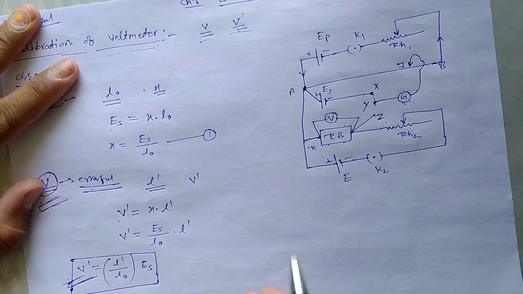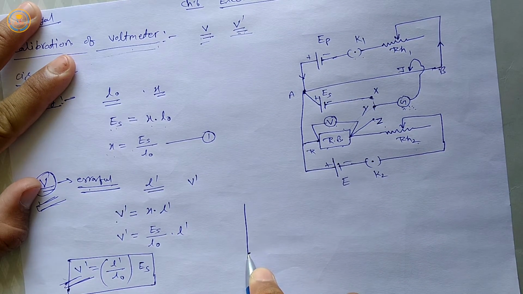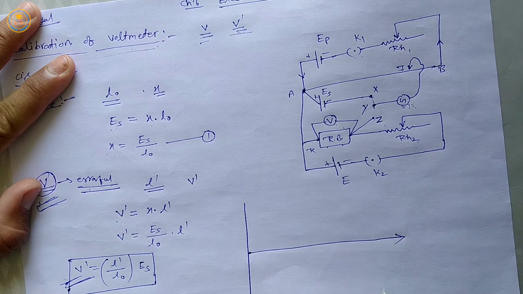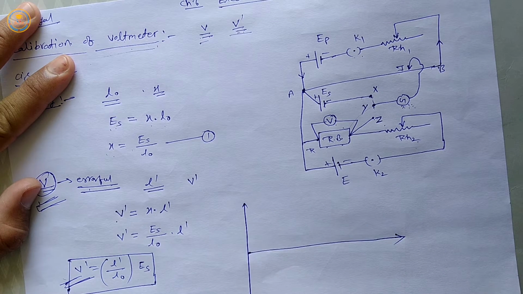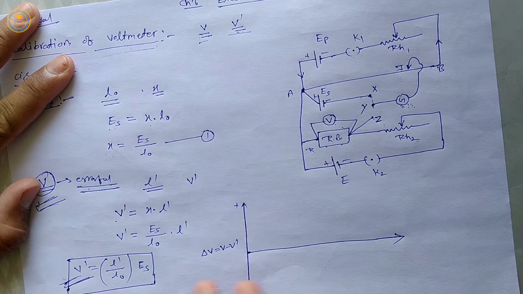Now we plot a graph between the error and the observation of the voltmeter. On the y-axis, the error del V is equal to V minus V dash, with the positive direction and the negative direction.